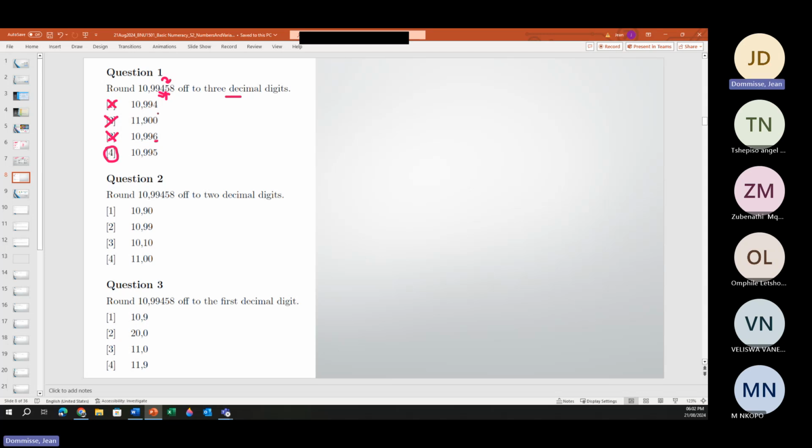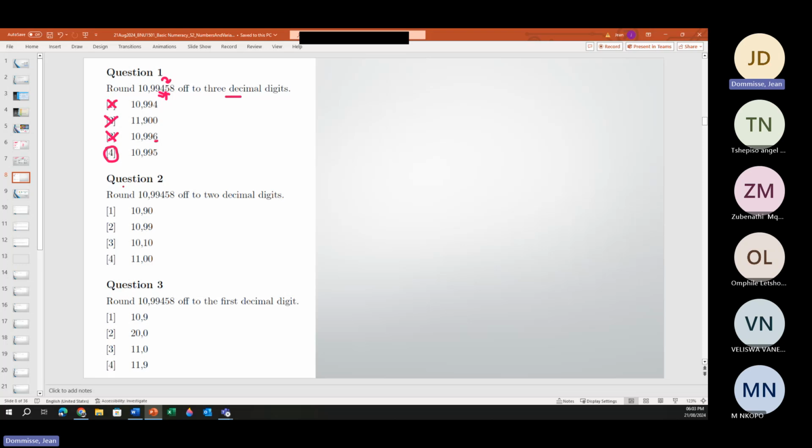The 10,994 is where you have read the rules wrong and thought it must be bigger than 5 to round up, and the second option is just a totally wrong one. You will see that in most of these questions, we will get an option that is totally not what we're looking for, and other ones that are very close to one another.